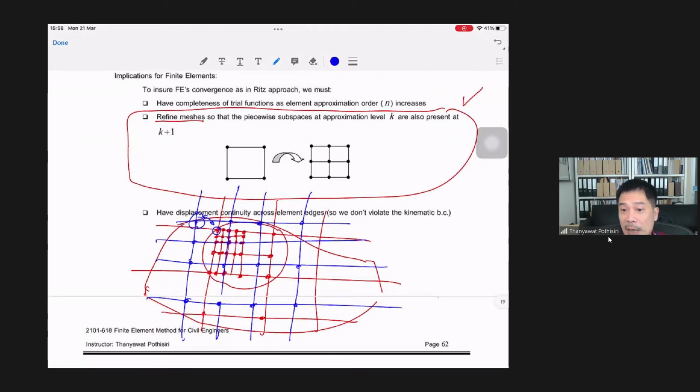So I would recommend, if possible, if you can choose, a better alternative would be to use this mesh refinement scheme instead of automatic mesh refinement, which is the default in most finite element analysis computer programs.